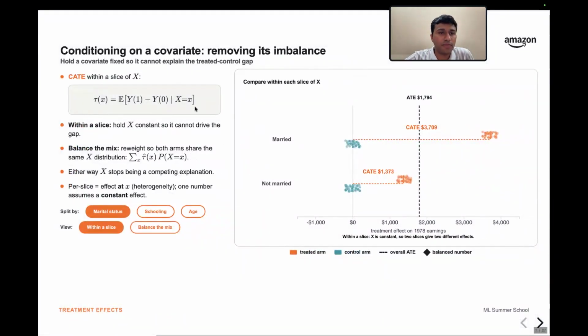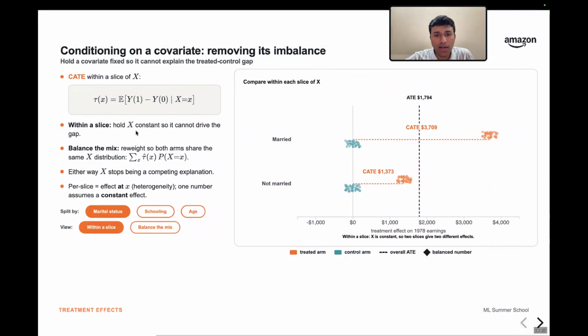if you look at this formula, you'll see that we are looking at the difference in the potential outcomes given some values of X. We can look at it in two ways. One is that we hold the value of X constant.